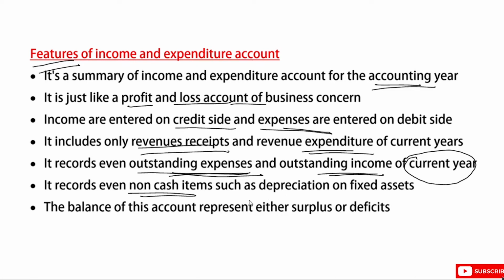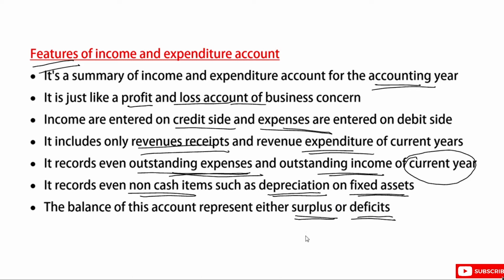In the receipts and payment account, we are not recording depreciation, which is a non-cash transaction item. Here in the income and expenditure account, we will be recording these kinds of expenses and income, which are called non-cash transactions.